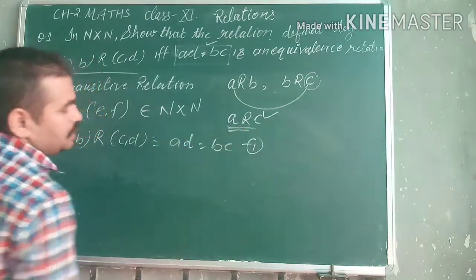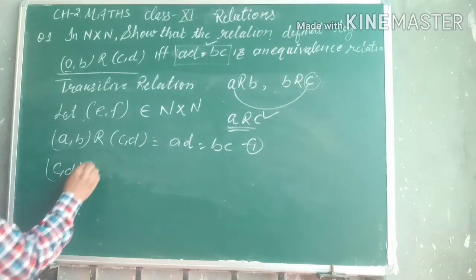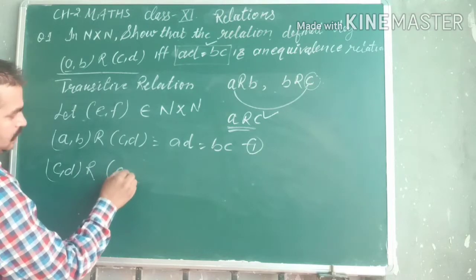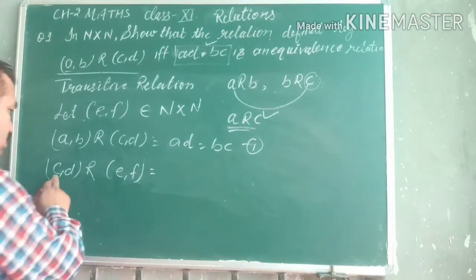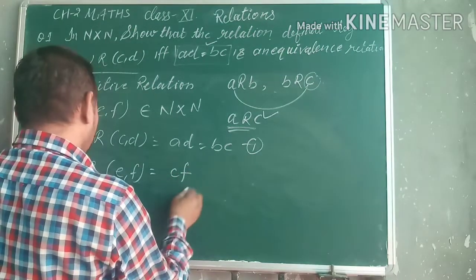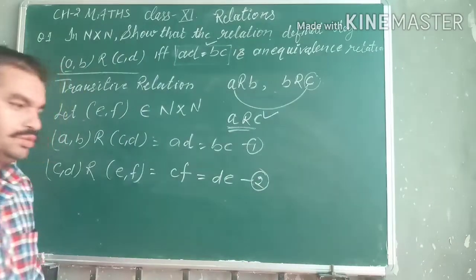This is equation number 1. Now (c, d) R (e, f) holds the equation CF is equal to DE. This is equation number 2.